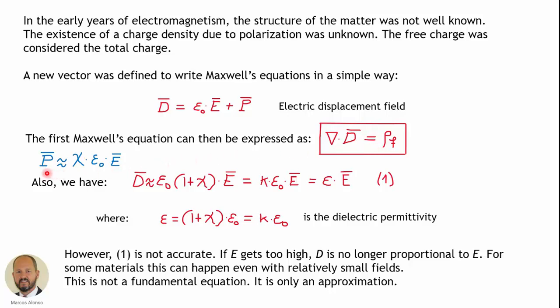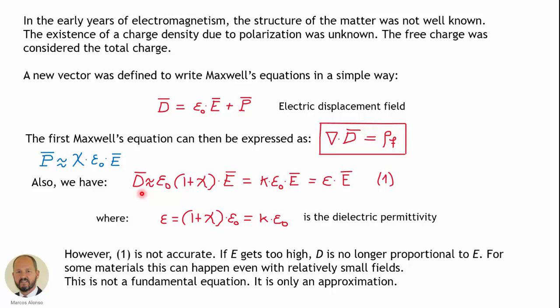So if we consider that the polarization is going to be proportional to the field E, then we can express the displacement field as K times epsilon sub 0 times E. Usually this is known as the dielectric permittivity of the material.